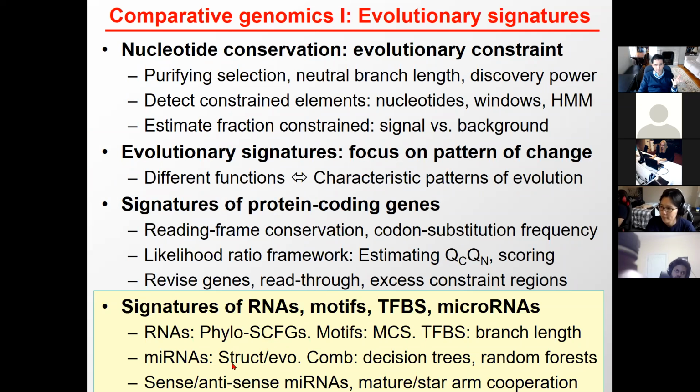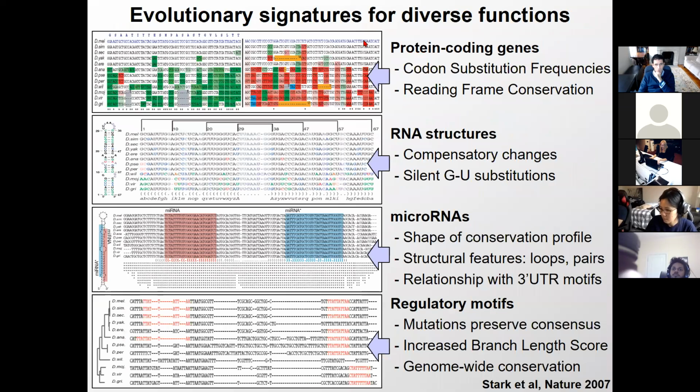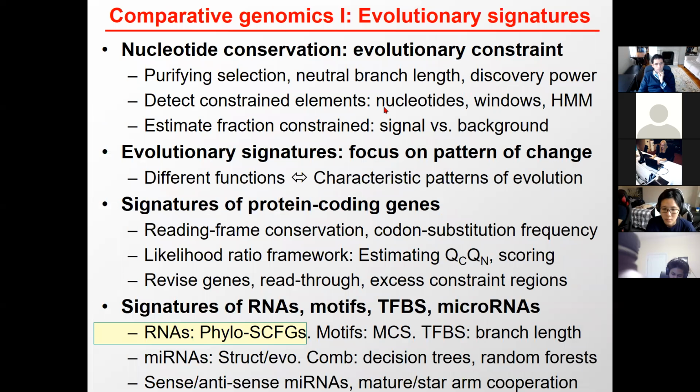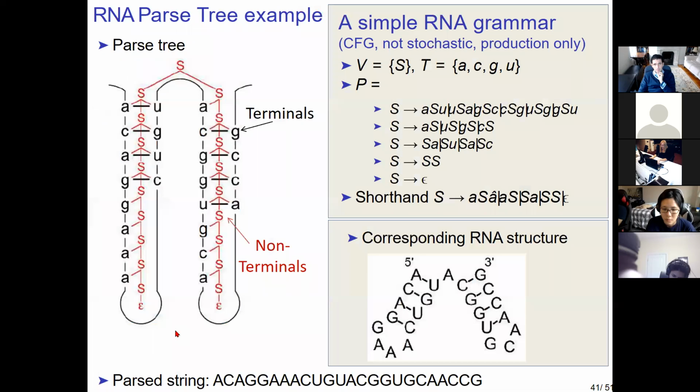So that was all about protein coding functions. Let's switch now briefly to signatures of RNA, of motifs, of transcription factor binding sites, and of microRNAs. So going back to these different classes of elements: for protein coding, we saw these codon substitution frequencies, and for non-coding, we saw these reading frame shifts. So what about RNAs?